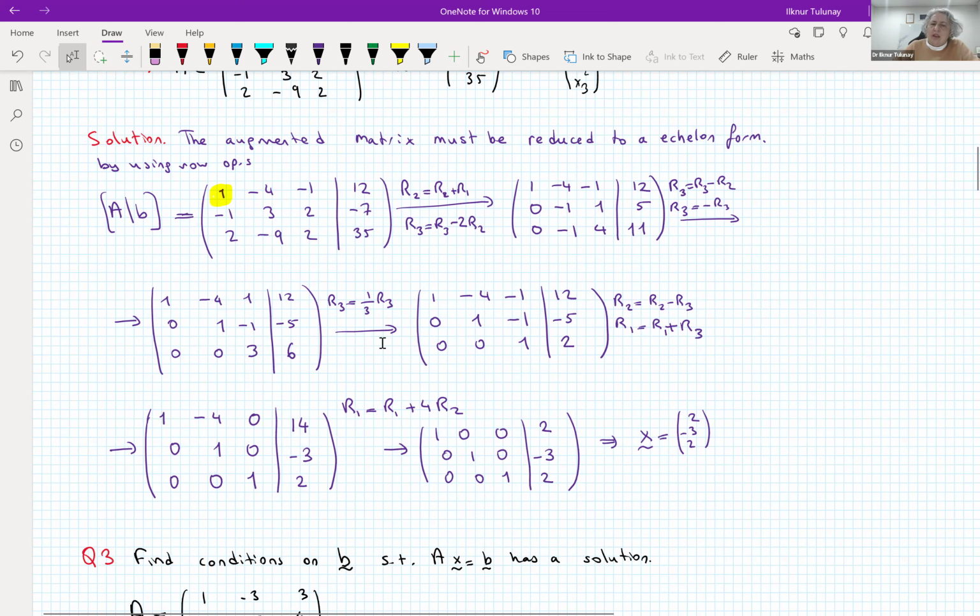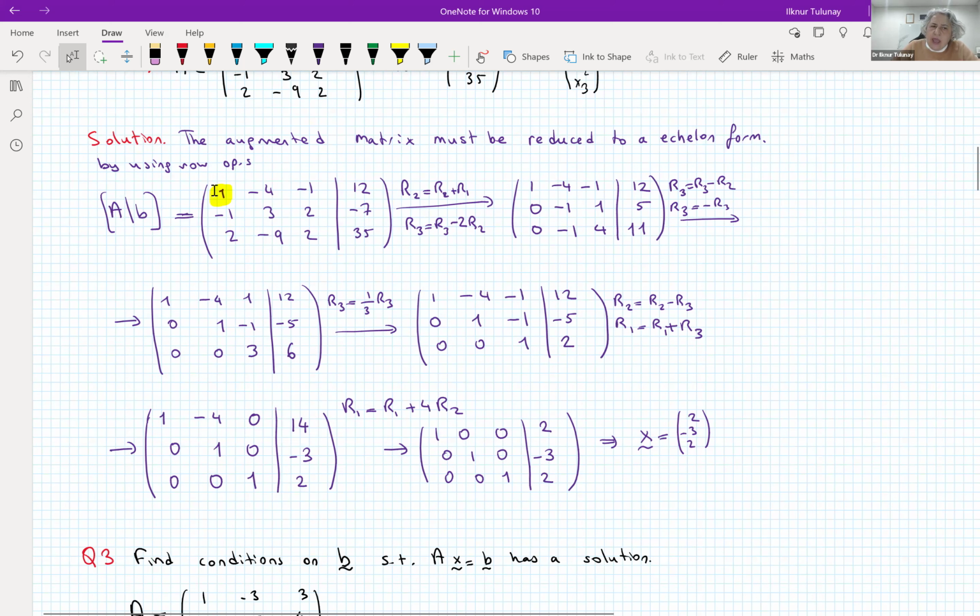That's the idea. So the first one, we want 1. This position needs to be 1. That's a start. We are lucky in this question. This is 1. We don't need to do anything for it. And we want this position to be 0 and this position to be 0. Our focus is to make those positions 0 by using the row operations.